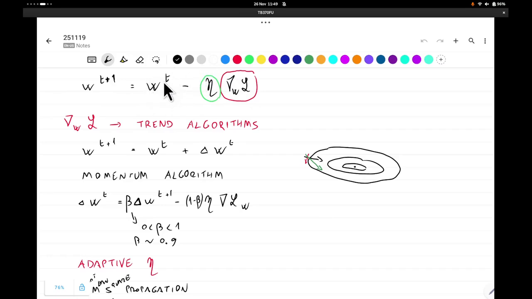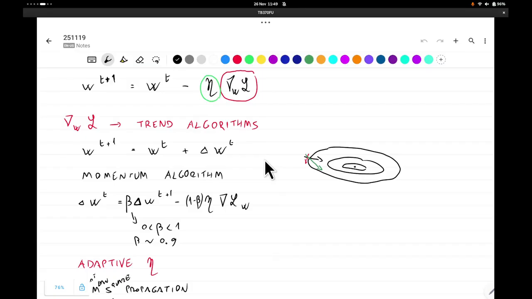at any point of iteration I update my weights by looking at the gradient of the loss function with respect to the weights multiplied by some suitable learning rate. So these are the two components, and then I showed a couple of variants of this basic algorithm.